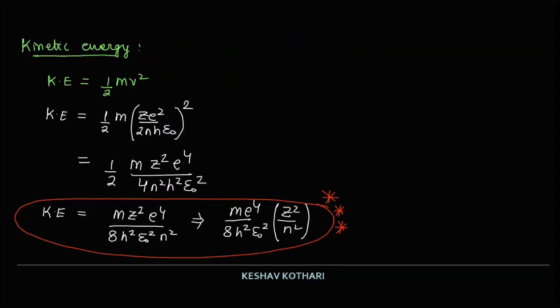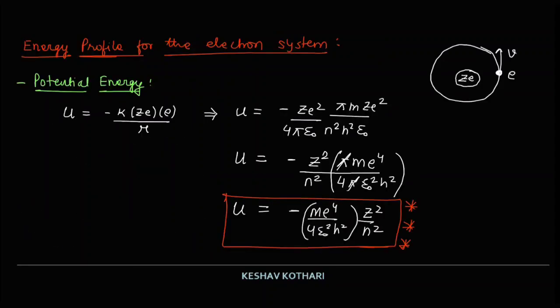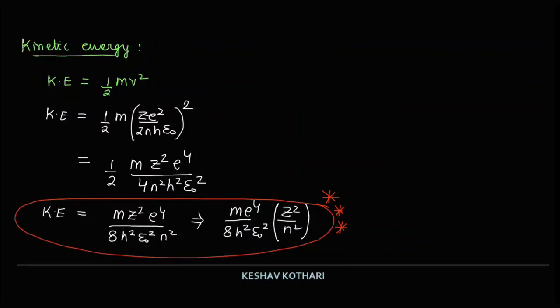So I come to this expression for potential energy, which we have obtained as minus m e to the power 4 upon 4 epsilon naught square h square z square by n square, and this expression where we have attained the kinetic energy value as m e to the power 4 upon 8 times epsilon naught square h square z square by n square.